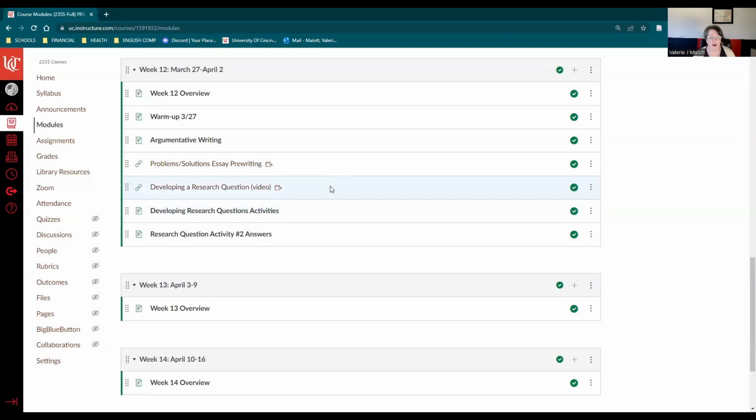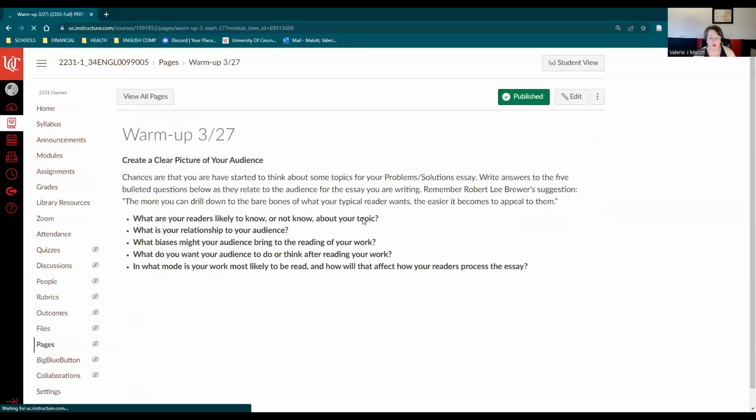Those of you who were not in class on Monday, if you do want to do this warm-up and write it down just for your own purposes, again, I didn't give any kind of points for this. I didn't make it a requirement because I don't want people to miss out on points just because they had to miss class for health reasons or schedule conflicts.